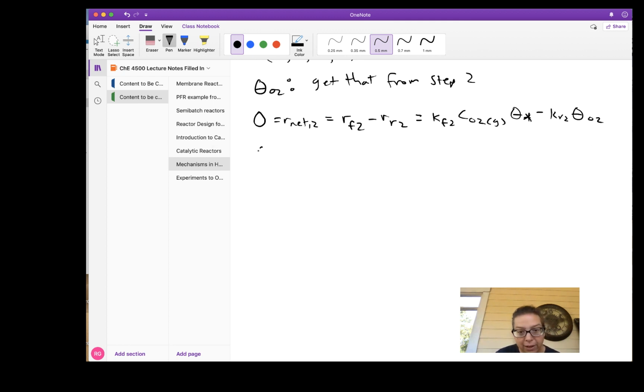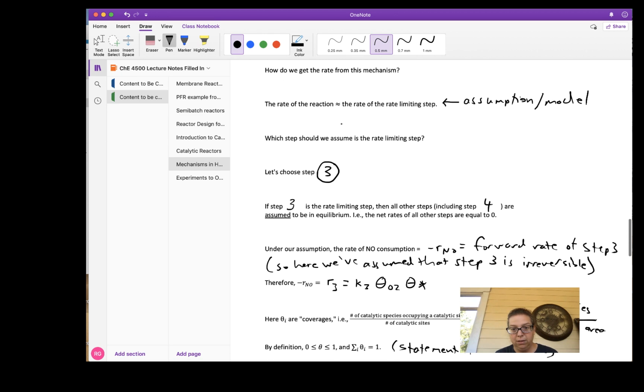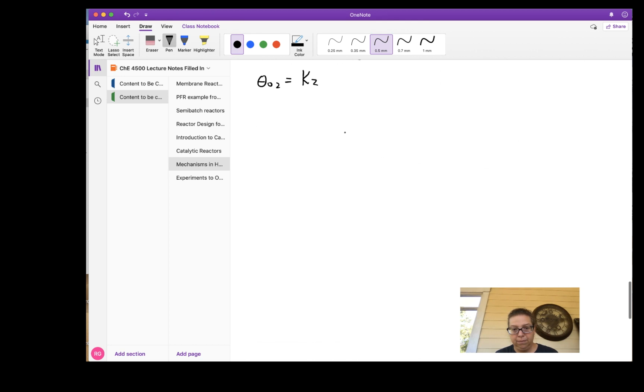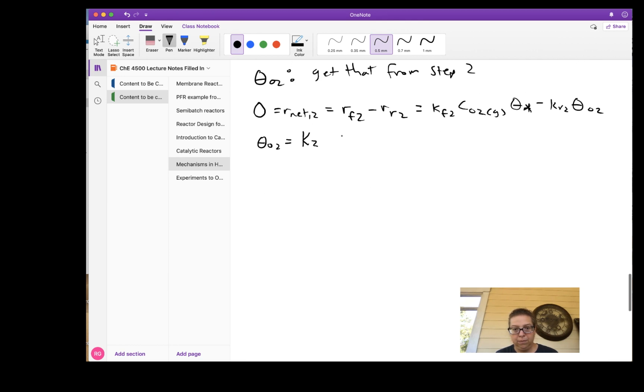So theta O2 is equal to K2, the same K2 we wrote above, times the concentration of O2 in the gas phase times the free site coverage. So now I have my expression for theta O2.